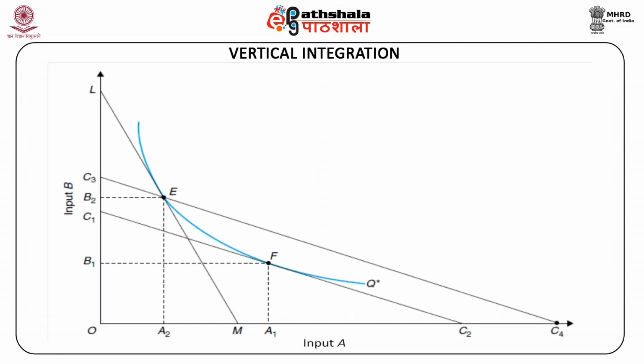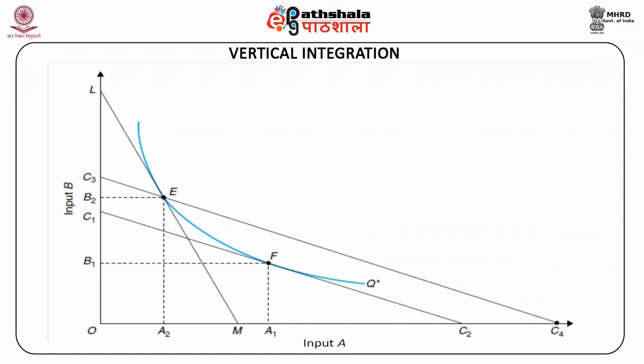We can graphically show the input options available to the stage 2, that is buyers, to produce the output. The vertical axis represents the quantity of input B produced by a competitive enterprise, and the horizontal axis represents the quantity of input A produced by a monopolistic firm.